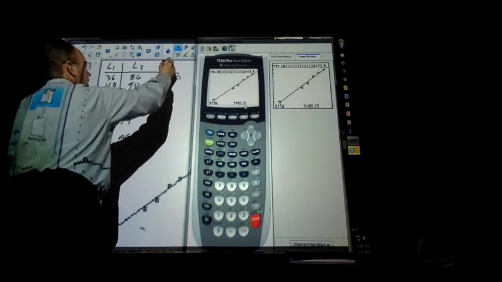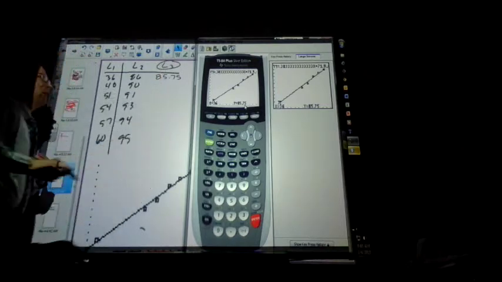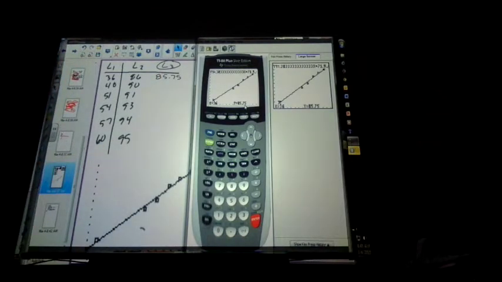I'm going to actually put this in L3 eventually. Okay? And then I want to find the value of 48. So same thing. Second, calculate, value, 48, enter. So 90.35.